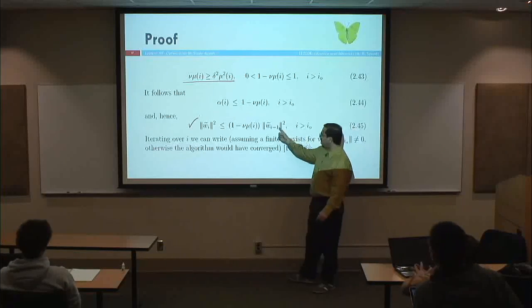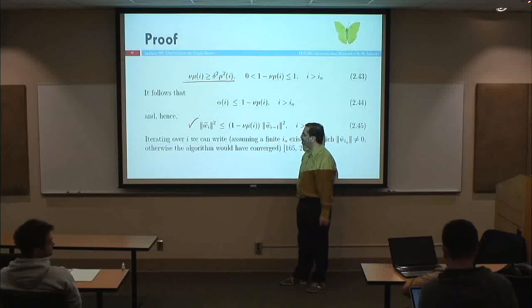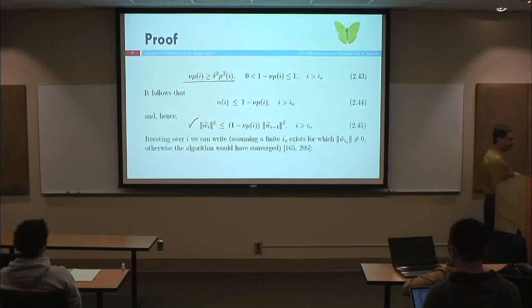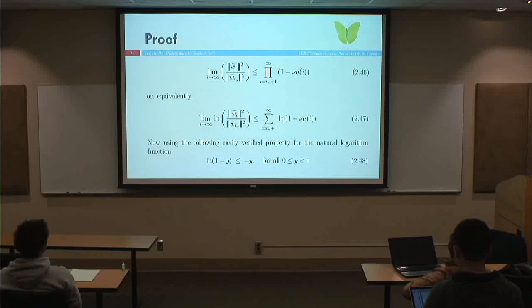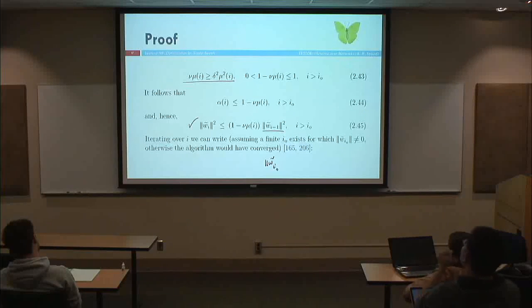So I would like to show that this recursion is such that when mu satisfies the conditions I showed you before, the error vector will go down to 0. Okay. So the way you show it, okay, here it is. You see, if I iterate this many times, starting from some initial condition w tilde i0, start from time i0, okay?